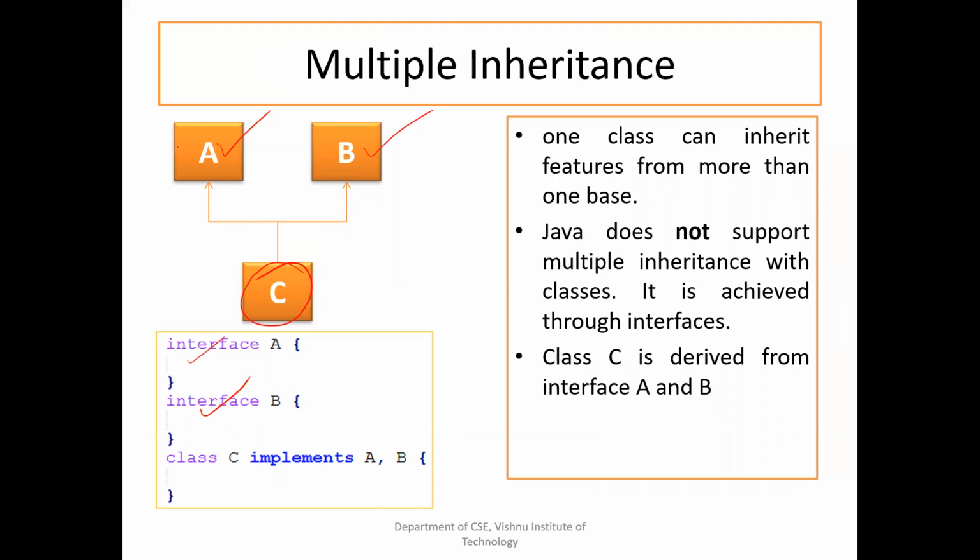If class A has a variable with the name NAME and class B also has a variable with the name NAME, and C is a child of both the classes, it will get an ambiguity when it refers to name: which class's property is it referring to? That is the ambiguity. So for this reason multiple inheritance can't be achieved with the help of classes.